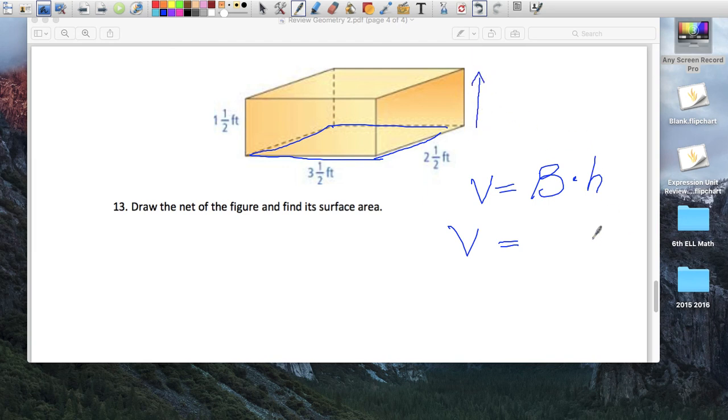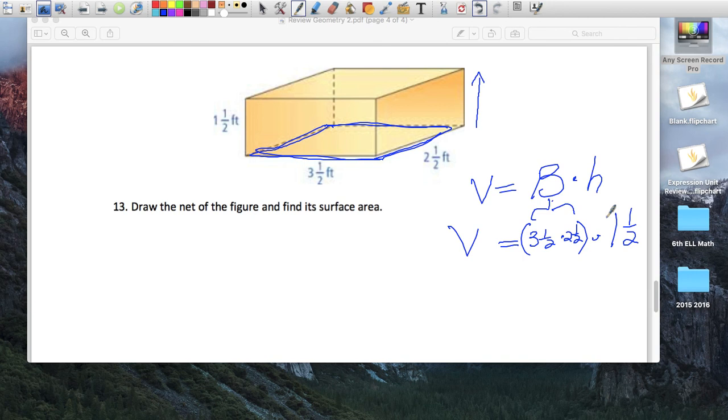So the height of this is 1.5, and the base is a rectangle, and to find the area of that rectangle, we multiply the length and the width, so it's 3.5 times 2.5, which you then multiply by 1.5. You actually don't even need the parentheses. So 3.5 times 2.5, that's the area of the base, and then we're going to multiply it by however high it is.